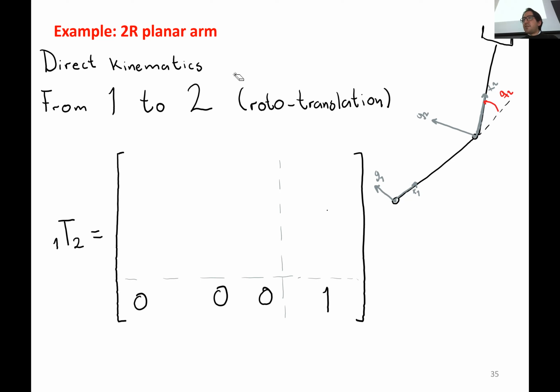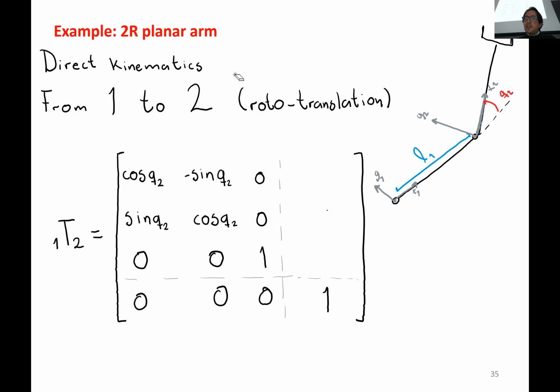So it's basically a rotation about the z-axis, right? Remember that we're doing from 1 to 2. And then for the translation, there's no prismatic joint, so it's basically a constant translation, which is just the length of the link. And our column becomes this. So this is just the transformation matrix from 1 to 2.